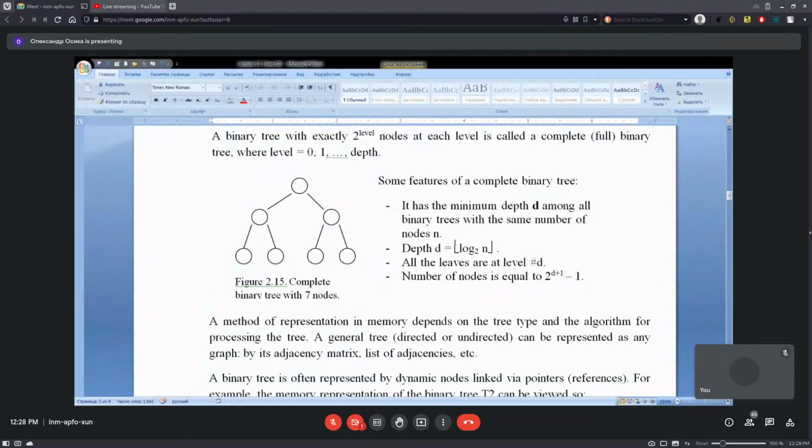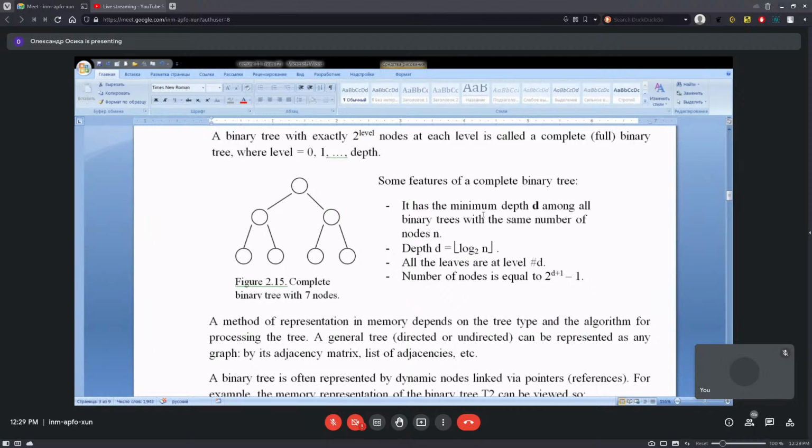And this is the symbol of a floor function that discards any fraction in this log, if any. That's why 2.7 or .5 or .9, it doesn't matter. It is discarded and we get 2. And the depth is 2.